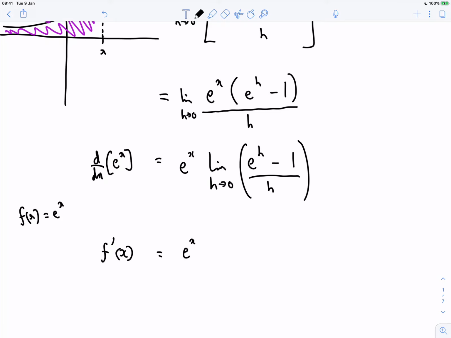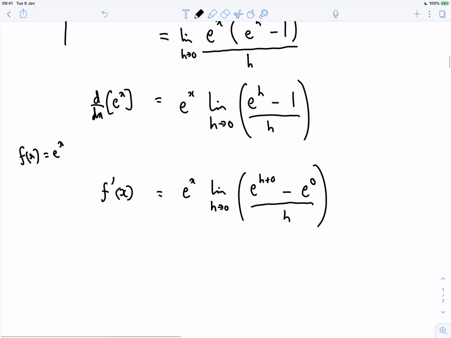And now let me write it another way. Let's suppose I've got the limit as h tends to 0 of, now e to the h is e to the h plus 0, and 1 is the same as e to the 0, and this is all over h. And if you think about this really carefully, this is essentially the same as the derivative of f, but evaluated when x is 0.